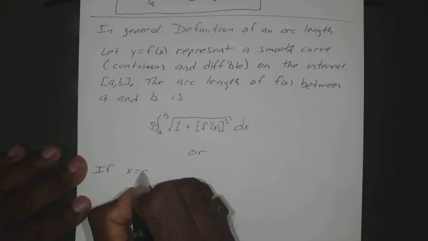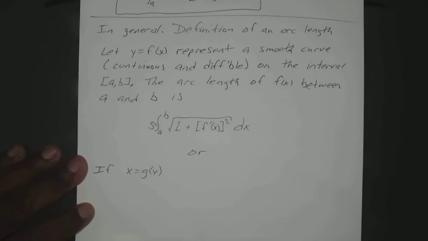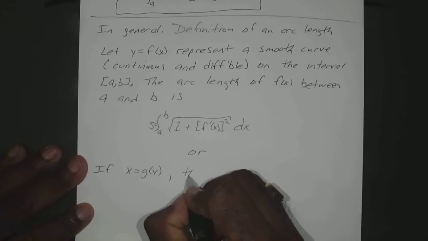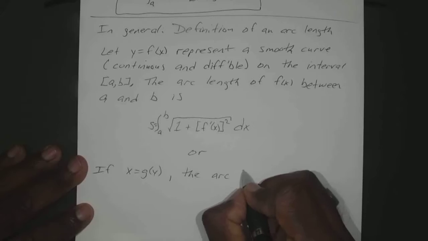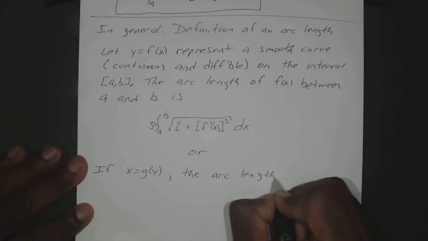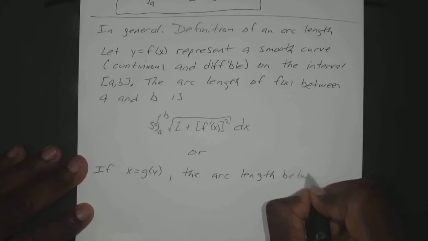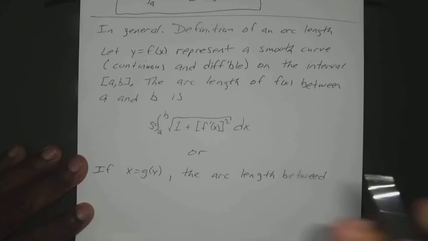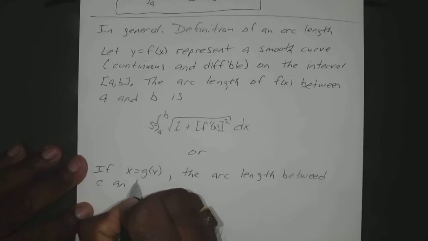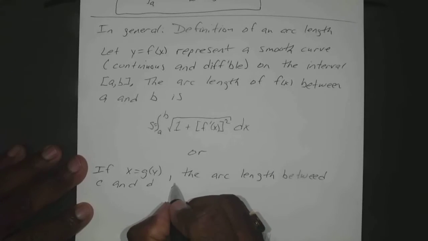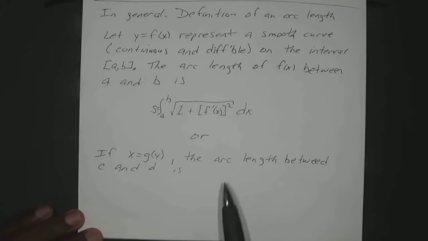or if x equals g of y, the arc length between some numbers c and d is the same formula, that's just f prime of y with respect to y.